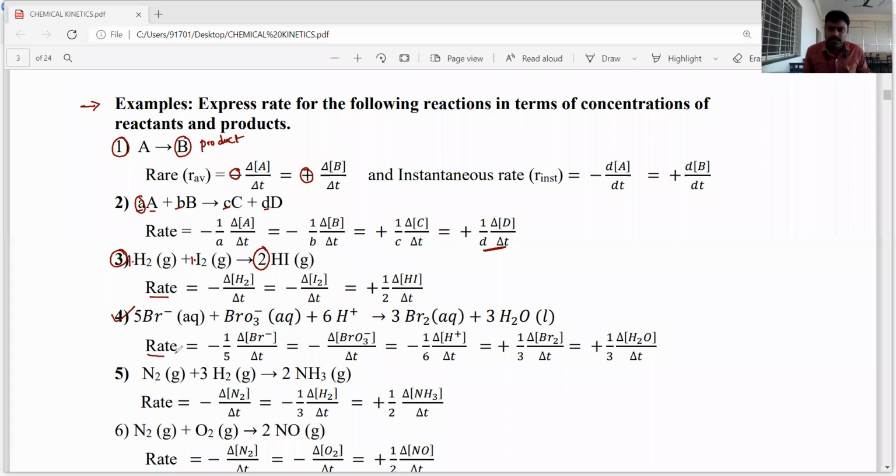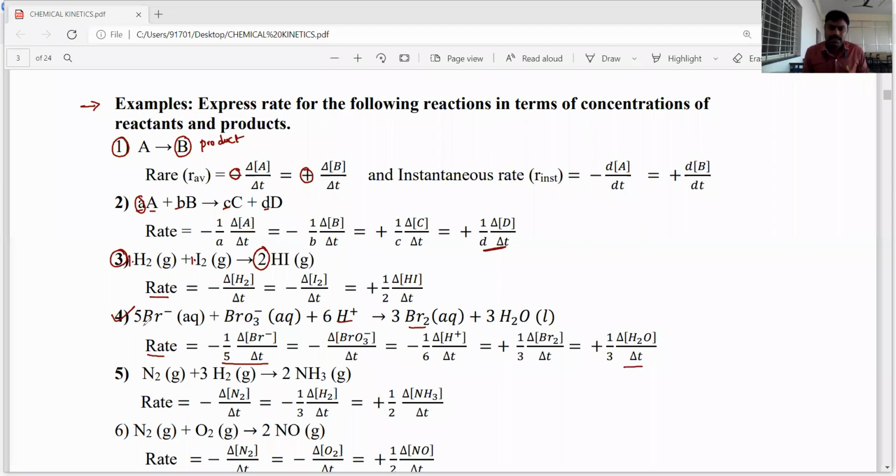With respect to Br minus, it is equal to minus 1 by 5 into change in the concentration of Br minus by delta T, which equals minus change in the concentration of BrO3 minus by delta T. With respect to H plus ions, it equals minus 1 by 6 into delta H plus by delta T, and with respect to bromine Br2, it equals plus 1 by 3 into delta Br2 by delta T, which equals, with respect to water, 1 by 3 into delta H2O by delta T.